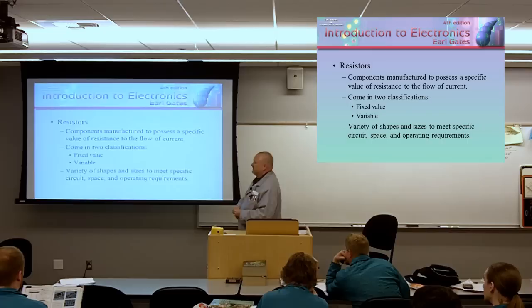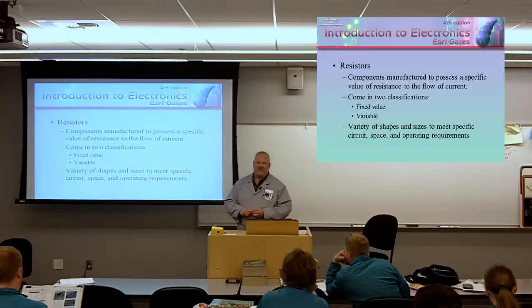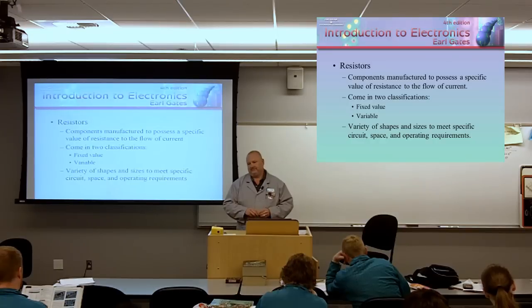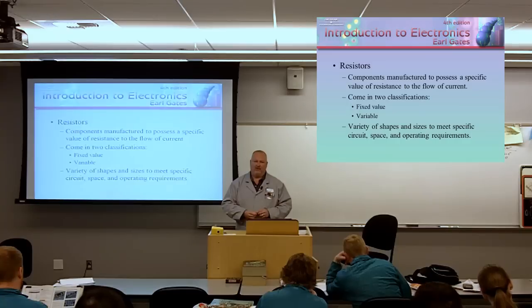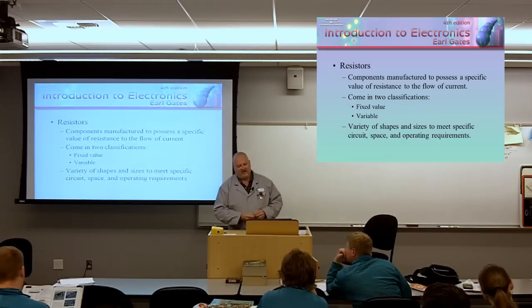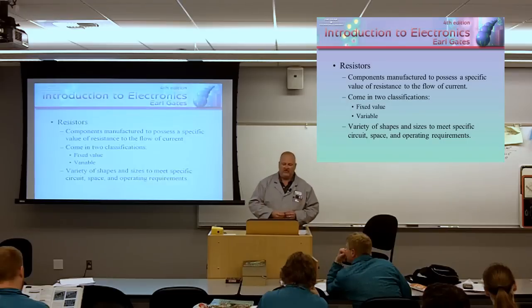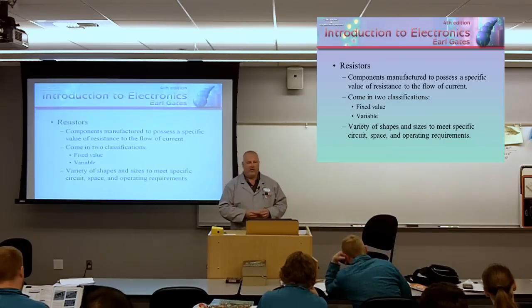Comes in 2 different classifications. One is a fixed value, meaning what you see is what you get. And the other is a variable value. Variable, meaning we can adjust it. Variety of shapes and sizes to meet specific circuit space and operating requirements.